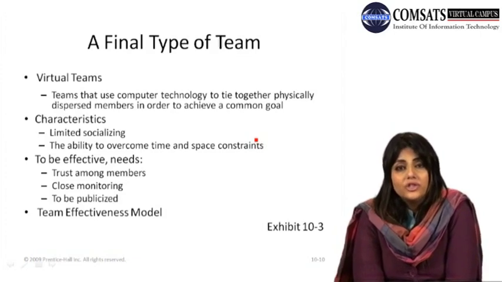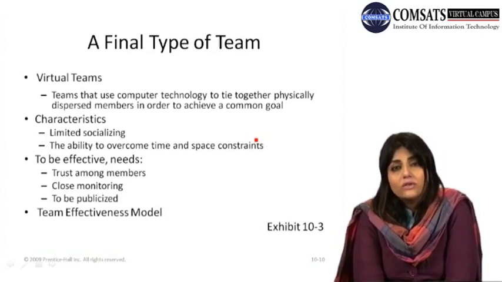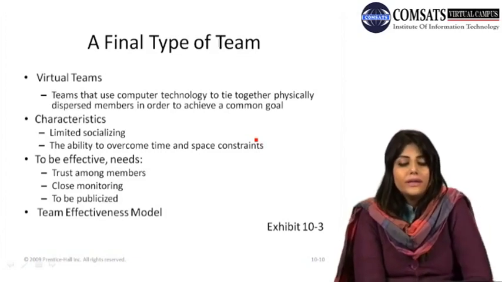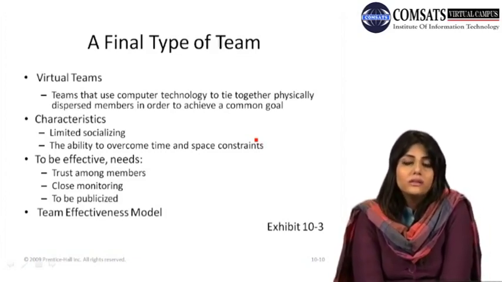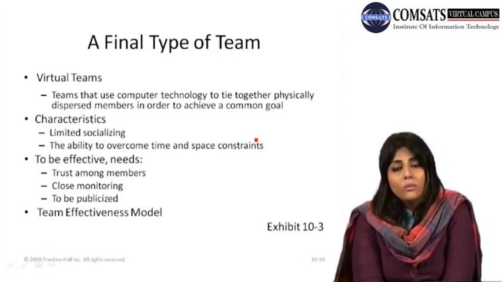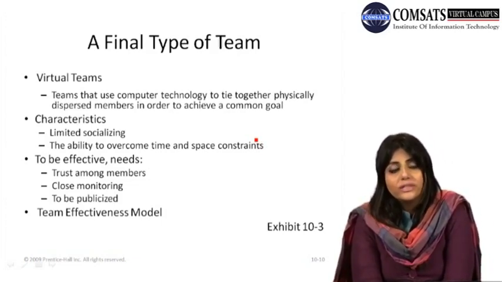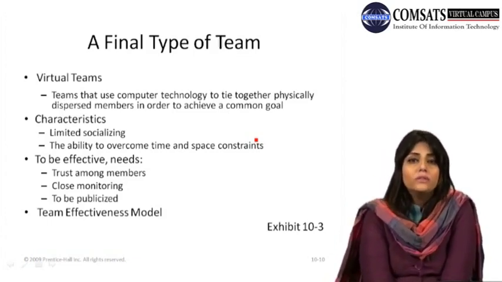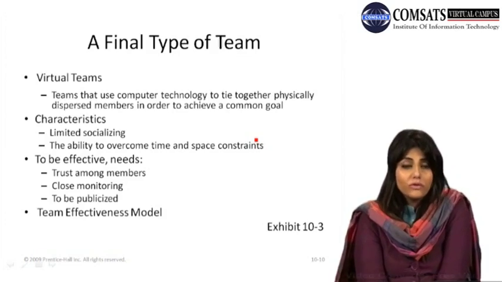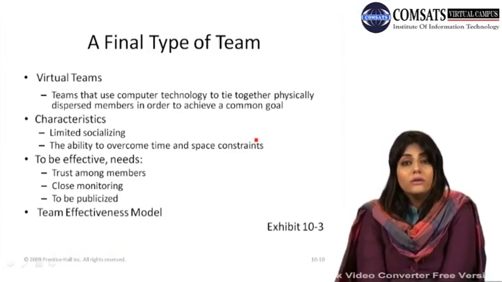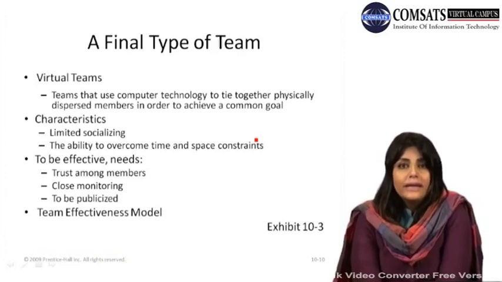These teams basically rely on electronic communication, right, and the individuals, irrespective of where they physically are, one might be at the North Pole and the other at the South Pole, might still be in one team working on a mutual project over the electronic mode of communication, right.